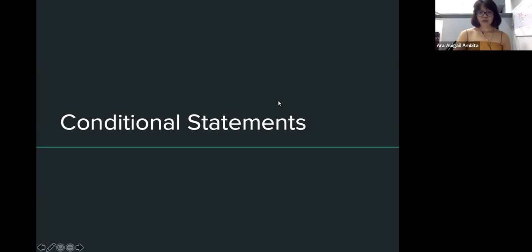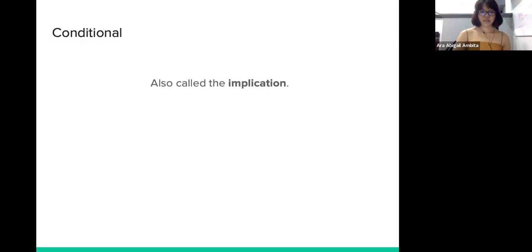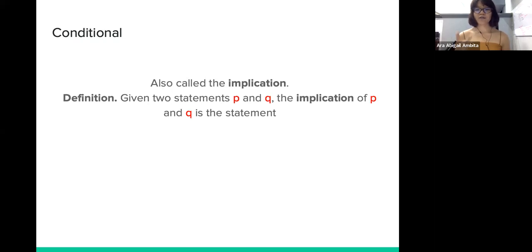Okay, so the conditional statement is also called the implication. Suppose we have two statements P and Q. The implication of P and Q is the statement, if P, then Q. Okay, take note of the if-then clause.